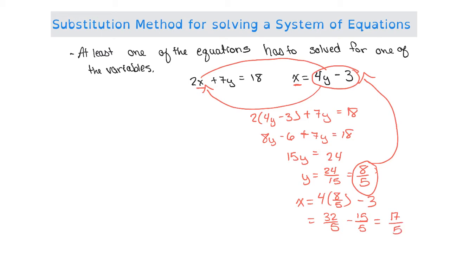And so our solution to this system is the coordinate point (17/5, 8/5). And that's how you would solve using the substitution method.